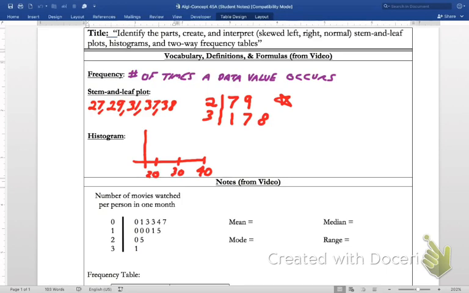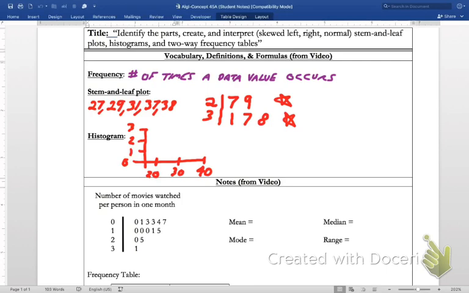Now on the y-axis, these numbers are going to represent the frequency. Well, I have 2 numbers that are in the 20s and 3 numbers in the 30s. So what I'm going to do is I'm going to put my frequency on the y-axis. So 0, 1, 2, and 3. We're going to make one of these more and talk more about these in just a second.